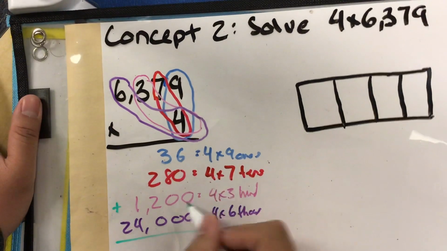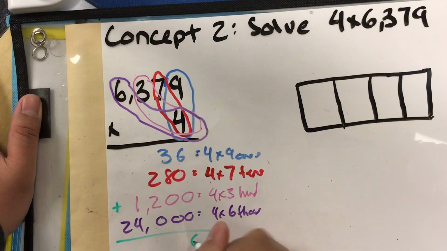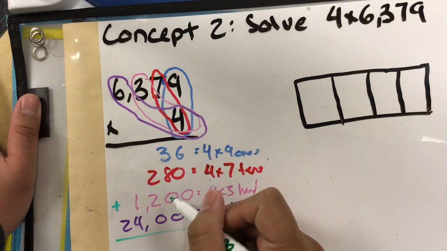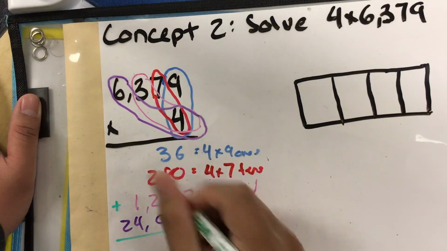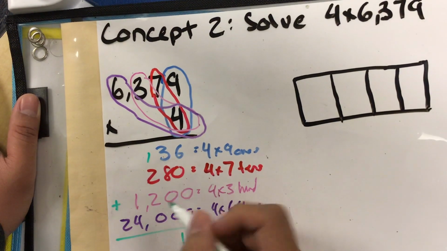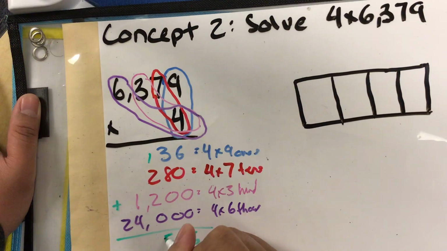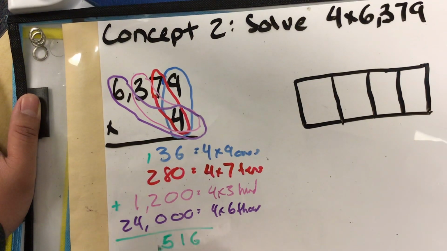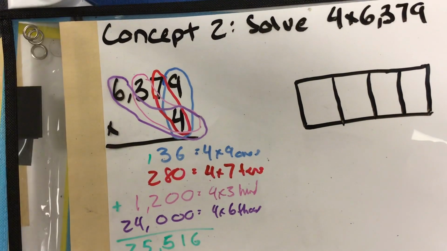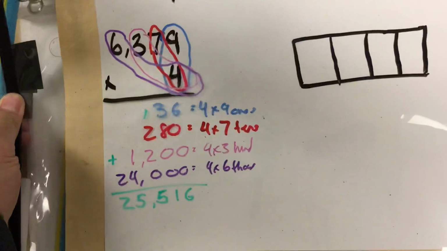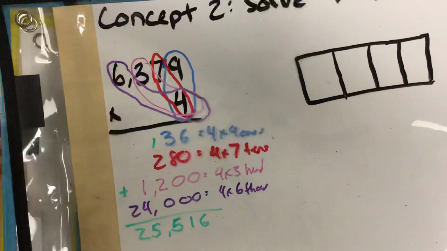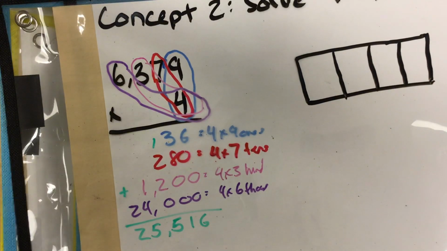So 6 plus 0 plus 0 plus 0 is 6. 3 plus 8 plus 0 plus 0 is 11. 1 plus 2 plus 2 is 5 plus 0 is 5. 4 plus 1 is 5. And 2 plus nothing equals 2. So our answer should be 25,516.